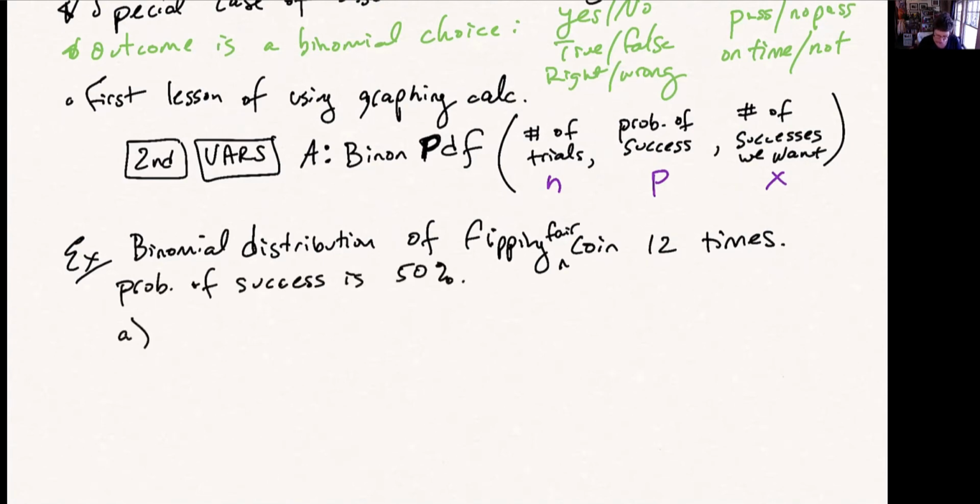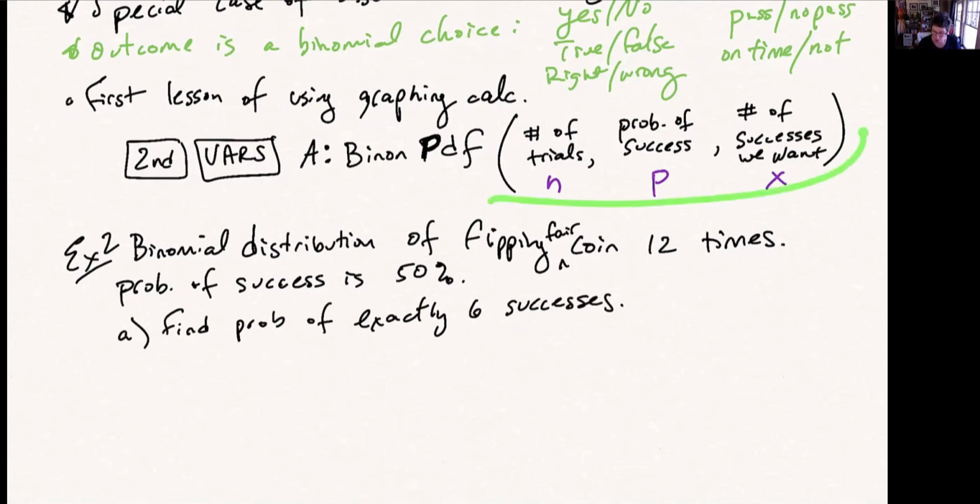Okay, so I think we're on example 2, I forget. But let's find the probability of exactly 6 successes. Now I need to figure out these values in order to put this in my calculator. I'm going to put in a binom PDF, and I'm making this a big P to indicate, remember, this big P is talking about exactly X successes.